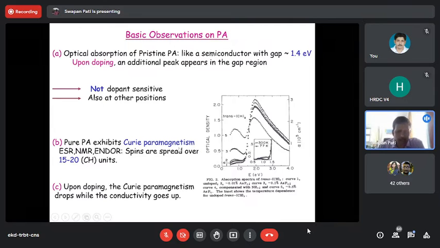The susceptibility goes as 1 by temperature. Upon doping, the Curie paramagnetism drops while the conductivity goes up. Remember, it was not a conductor, it was paramagnetic, that is, magnetism it is showing, whereas here, paramagnetism reduces, but electrical conductivity goes up.